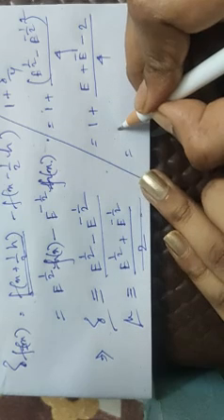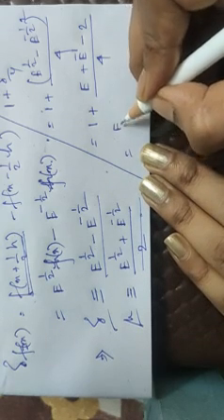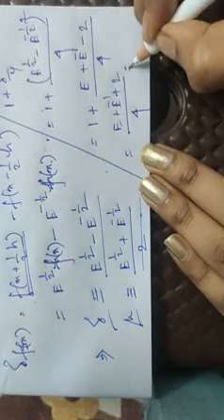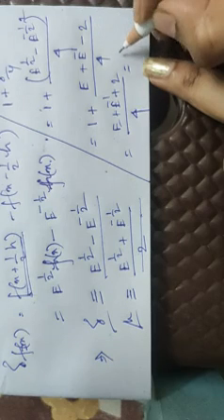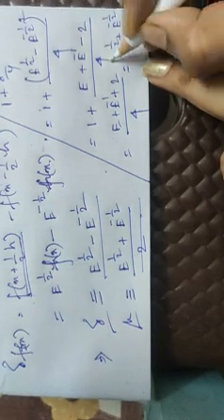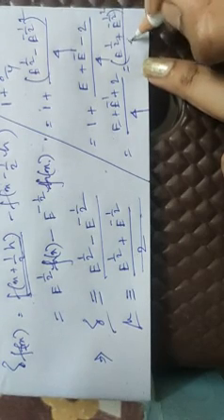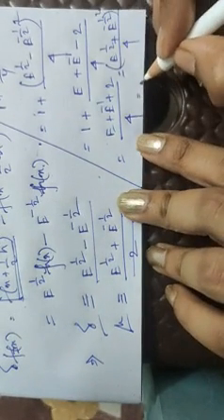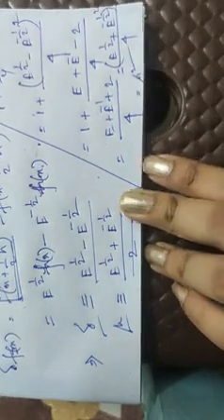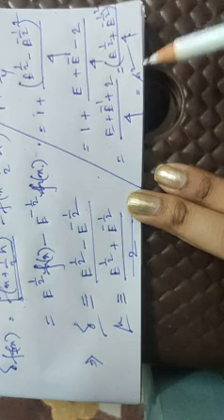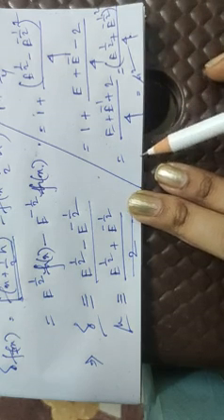That means it will ultimately become e plus e inverse plus 2 by 4. That is e to the power half plus e to the power minus half, its whole square, by 4. That is ultimately mu square, because mu takes this value, and we can write its whole square. So it will become mu square. This proves the result.